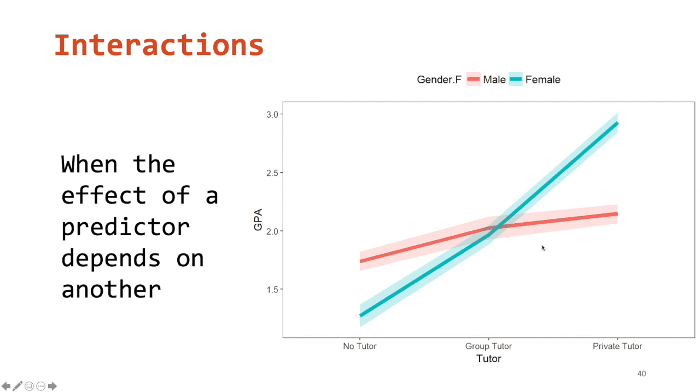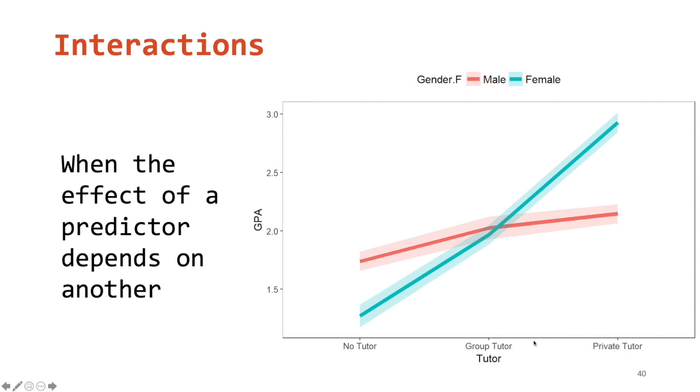Here, we're comparing males and females, GPA, with whether they had no tutor, a group tutor, or a private tutor. So our question might be, depending on your sex, male or female, are you better off having no tutor, a group tutor, or a private tutor?